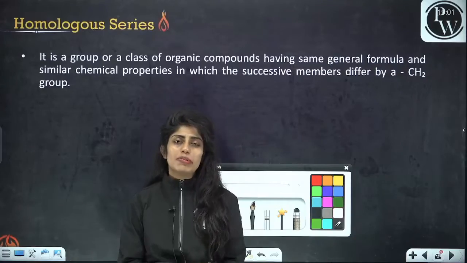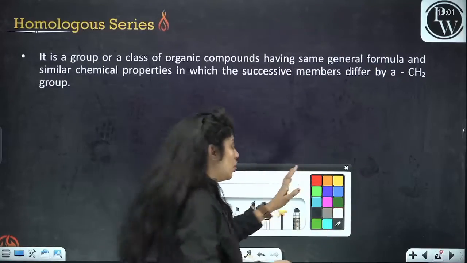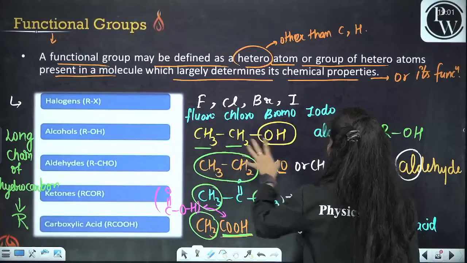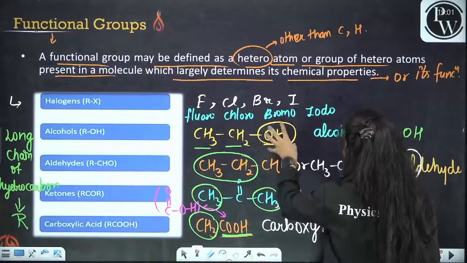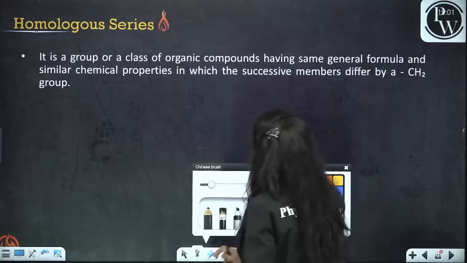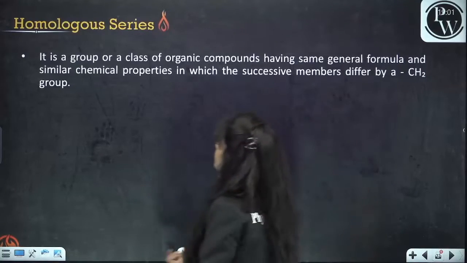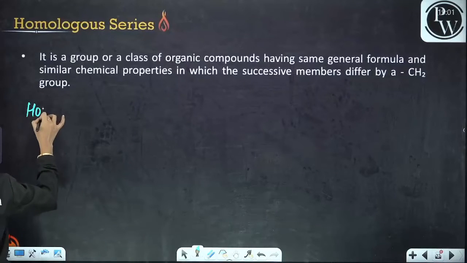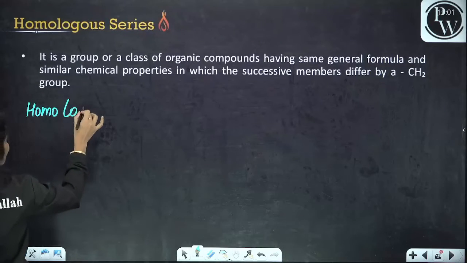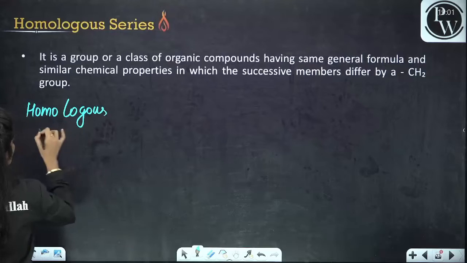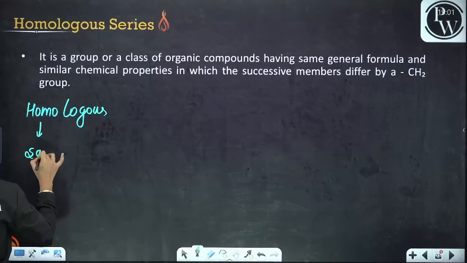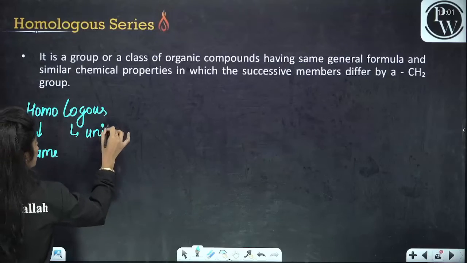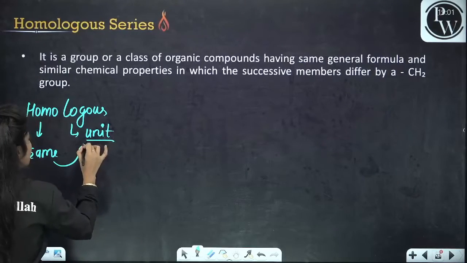Similarly, I have told you all are R. This is R. This was R. But the functional group is different, so their function will also be different. Now, homologous series. Homo means same. You can also consider logos as unit. Same unit, difference.